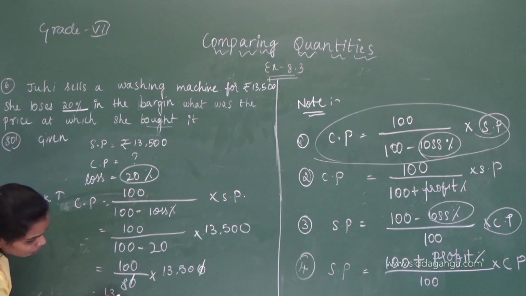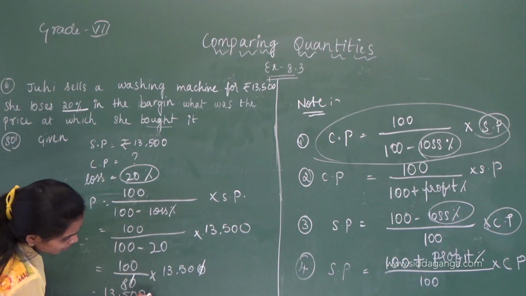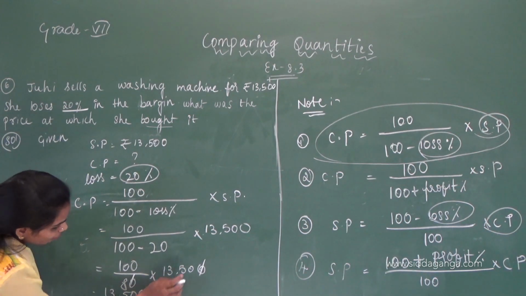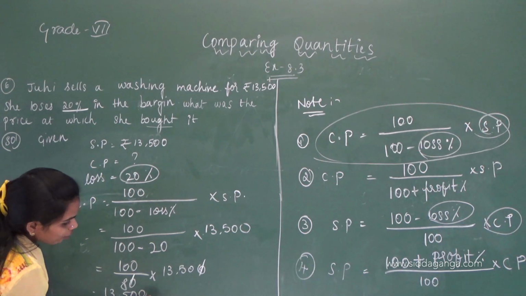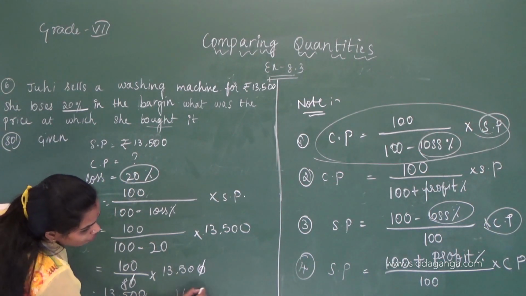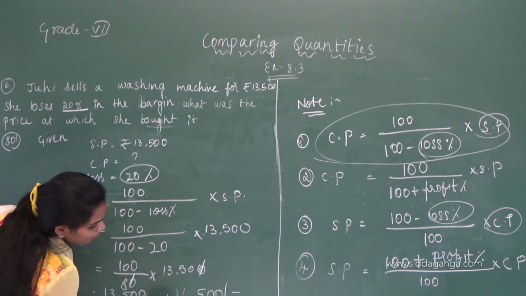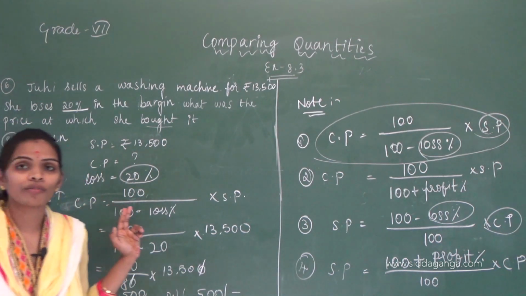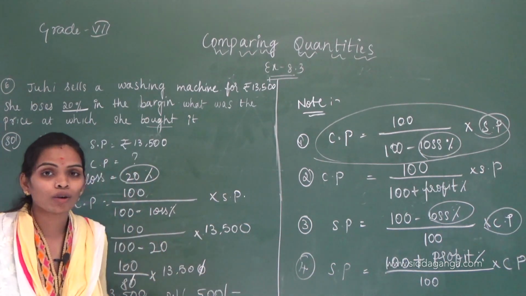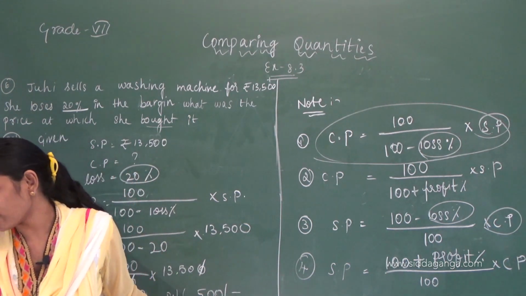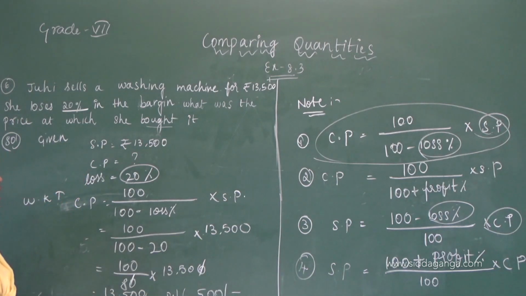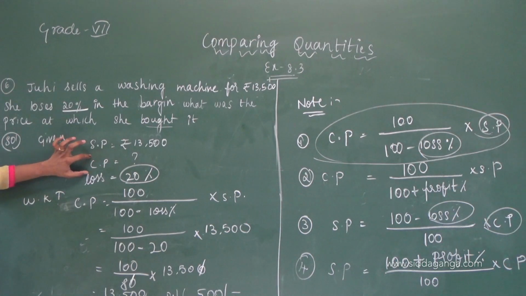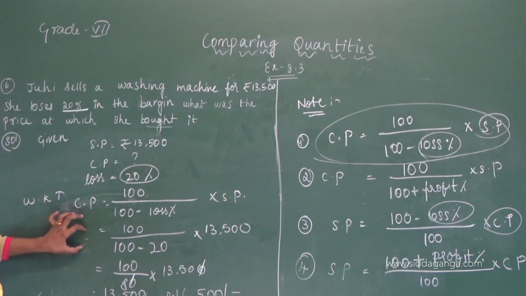And then 13,500 divided by 8 equals 16,500. What is the cost price of that washing machine? 16,500. The selling price of that washing machine is 13,500, and CP we find by using this formula.